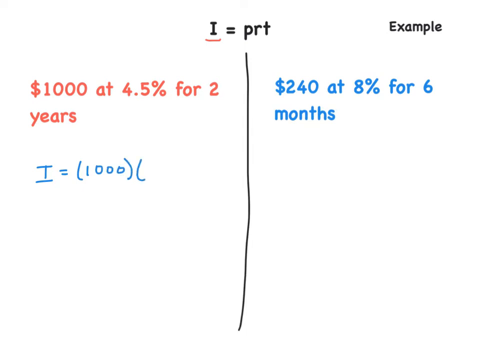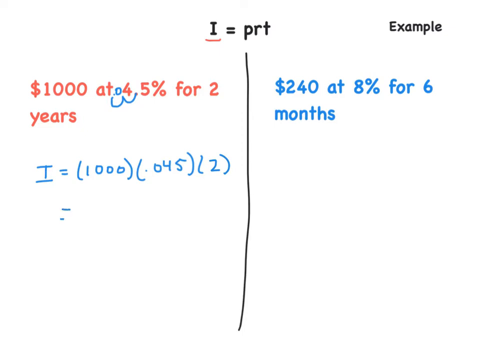The rate, remember, must be a decimal. So 4.5% as a decimal, move it 2 places to the left. So it's 0.045. And the time is 2 years. So we're just going to make it 2.